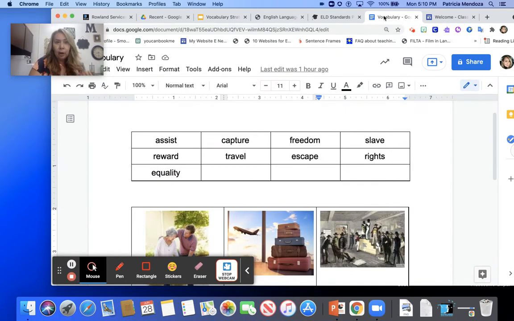There's no right or wrong here. And I stress that with all my students. So the key here is when we justify our opinions, we're making our educated guess and, within the details, we're going to be able to justify why we're choosing certain pictures and words, why we're matching them.